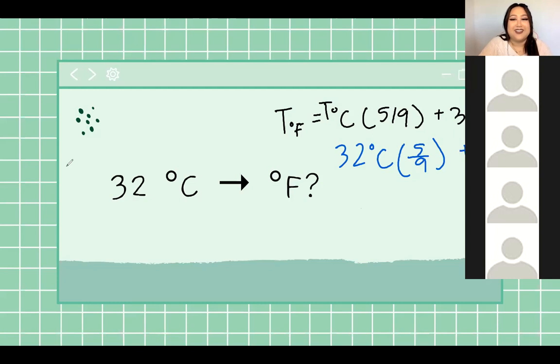Wait, I redid the math and this time I got 49.7 repeating. Okay, we got another 49.7.